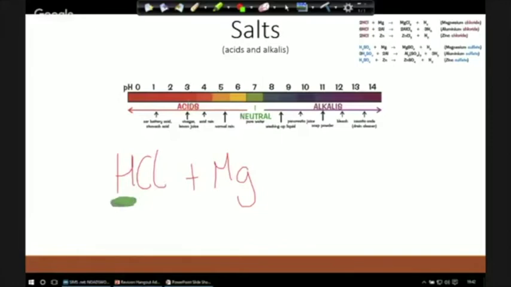I need to have products that have hydrogen, products that have chlorine, and products that have magnesium in. And so when we go to that, we're going to make ourselves some magnesium chloride and some hydrogen.